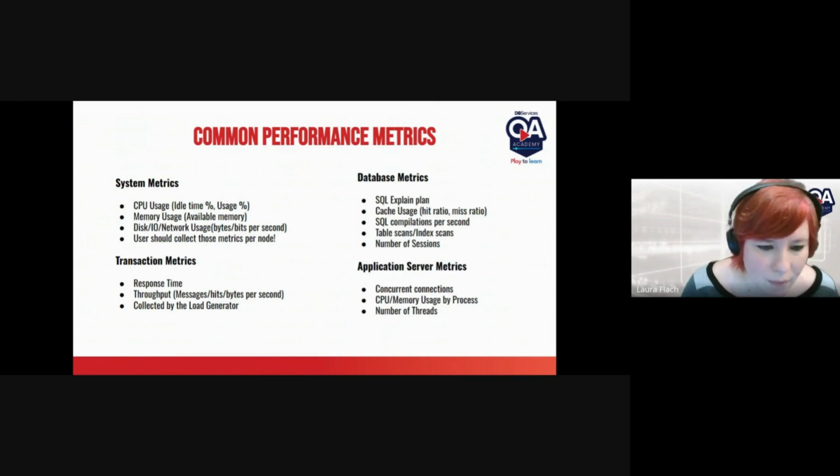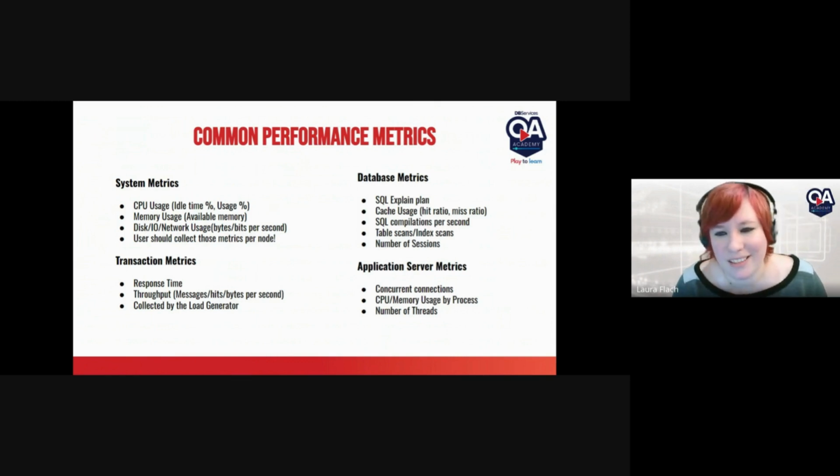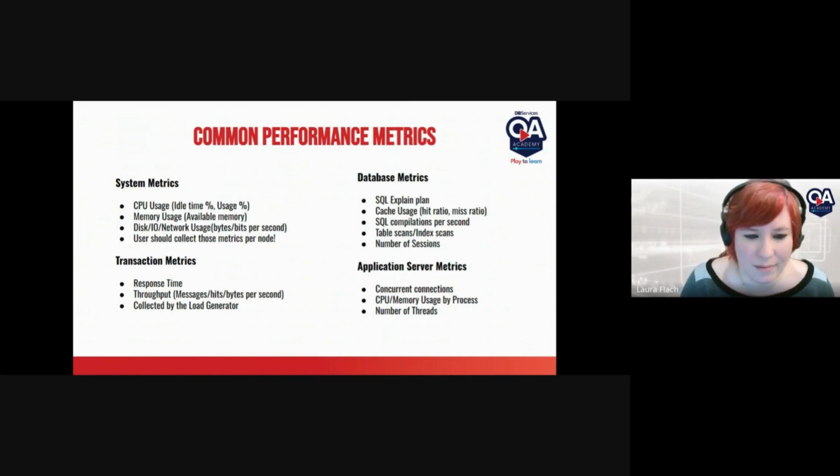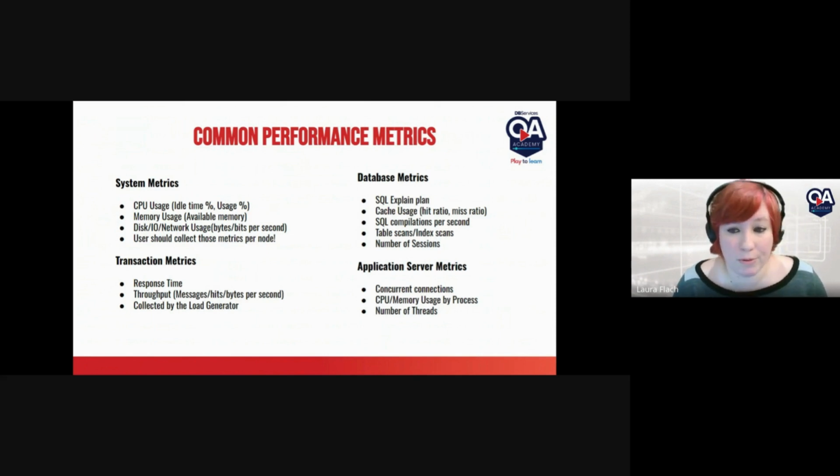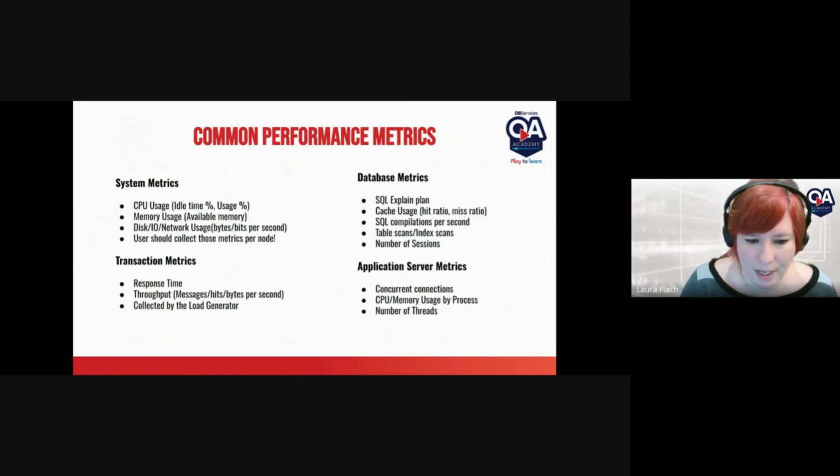The plans are the most important ones, usually used to see the indexes and all that. We also have the application server metrics, where we can see the amount of concurrent users, the CPU and memory usage by process, and the number of threads. Those are just some examples.